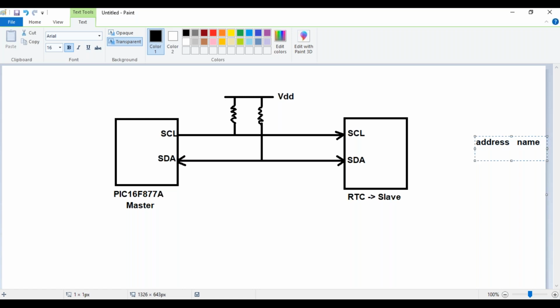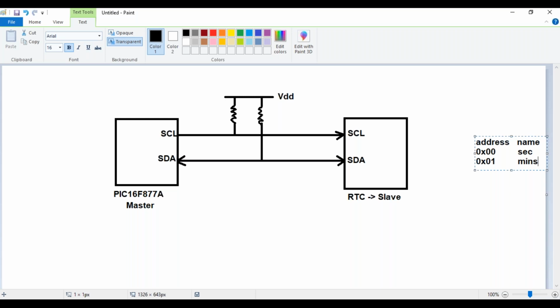Let me give a simple scenario. Address 0x00 will be used to store the number of seconds. There might have been a register at address 0x00 to store the number of seconds, and at address 0x01 which is storing the number of minutes.